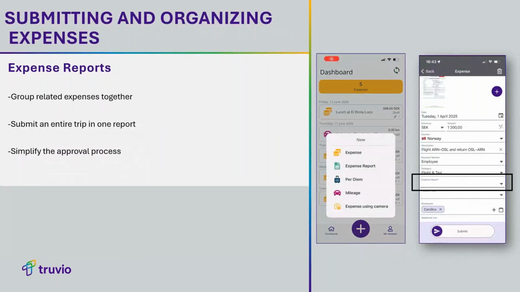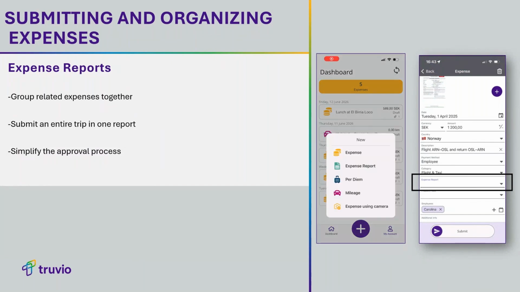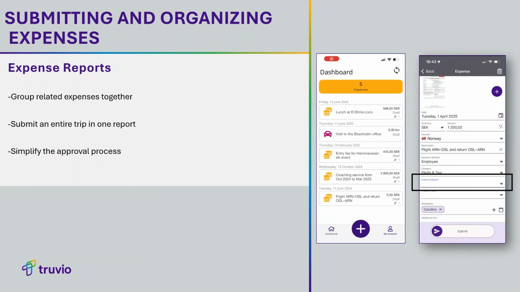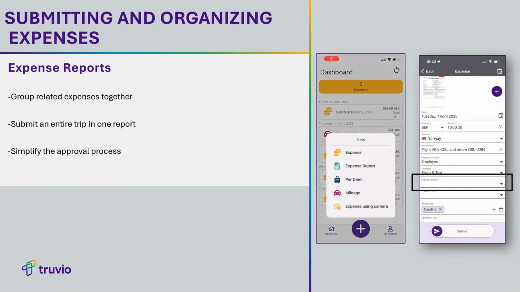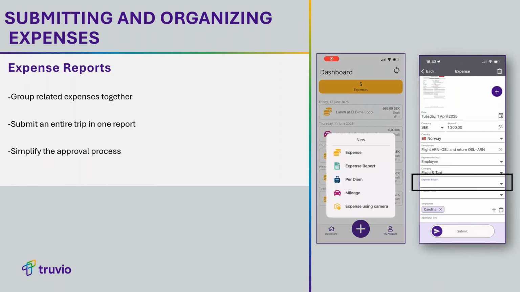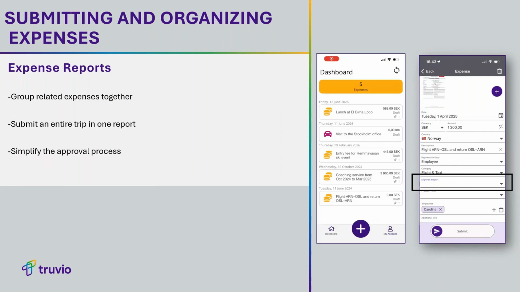And now our trip is coming to an end. So during the journey, we've created several expenses. And we have transportation costs, maybe we have meals, we have mileage, and perhaps a hotel stay or something like that. So instead of submitting each item separately, you can group everything together in what we call an expense report.